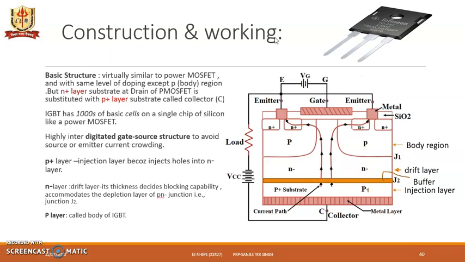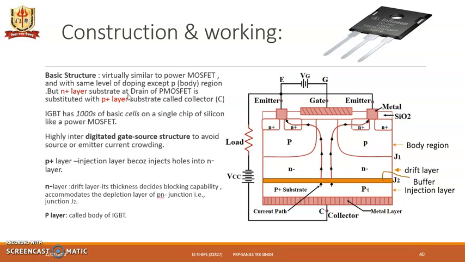Now the construction and working of the IGBT. The basic structure is vertically fabricated, and very much similar to that of the power MOSFET, except for the difference in the doping.